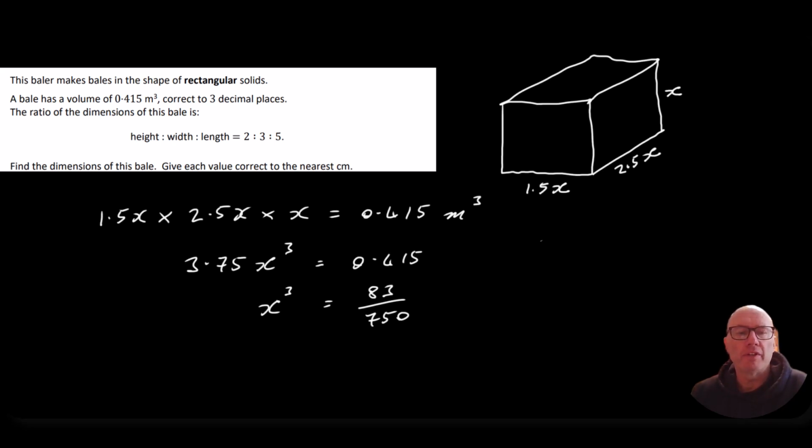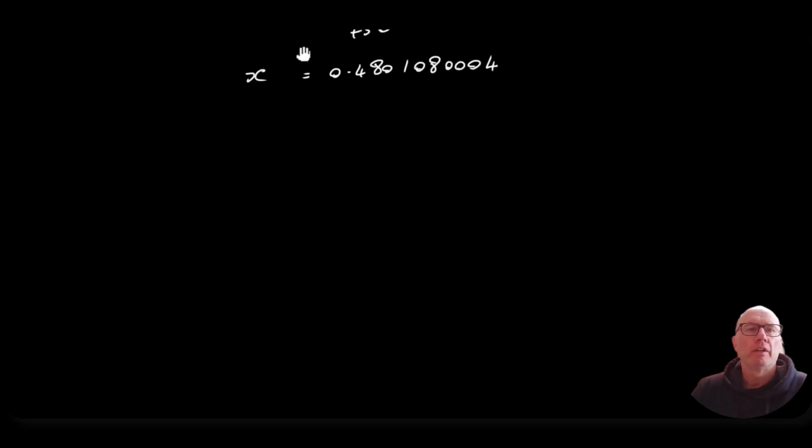And then finally cube root both sides. So if you cube root the left hand side, you get x. Cube root 83 over 750, you'll get 0.4801080004. So the question here is to find the dimensions of the bale. So we know what this is. All we've got to do is multiply it by 1.5 and 2.5 to give us the other two dimensions. Now the question asks us to give our answer to the nearest centimeter. So remember, this is meters here. There are 100 centimeters in a meter, so this would be 48 centimeters.